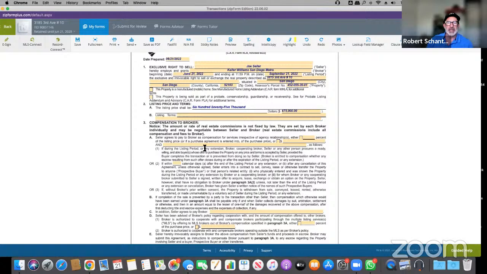All right, the next section talks about compensation to brokers. The amount of real estate commission is not fixed by law. They're set by each broker individually and may be negotiated between the seller and the buyer. Okay. That said, we are not a discount house.